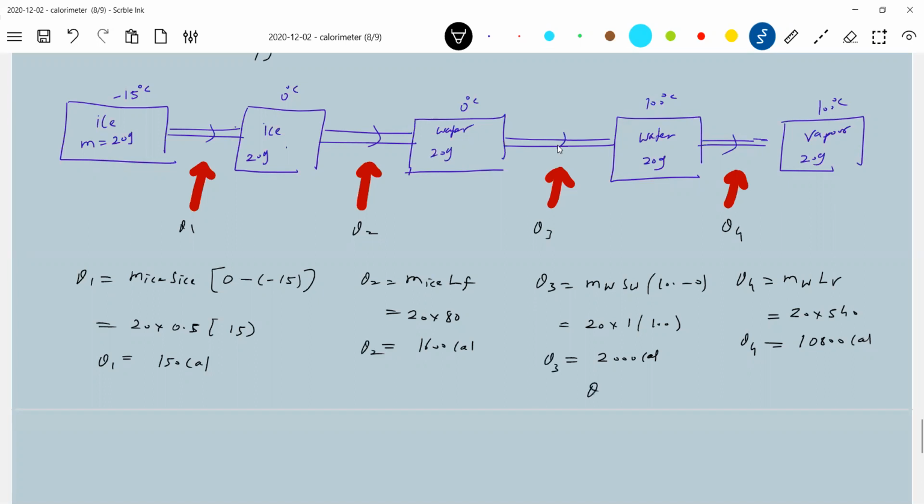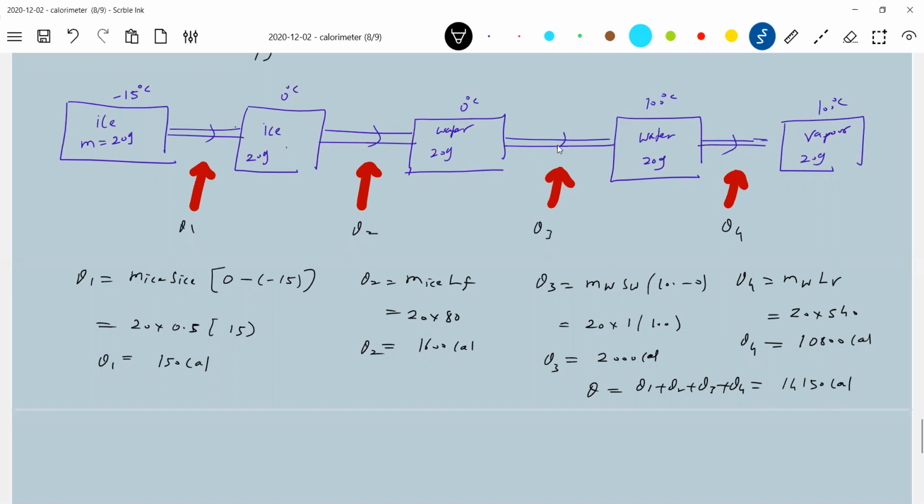I should add up all the heat, Q1 plus Q2 plus Q3 plus Q4. That comes to 14,550. So this much amount of heat I should supply.